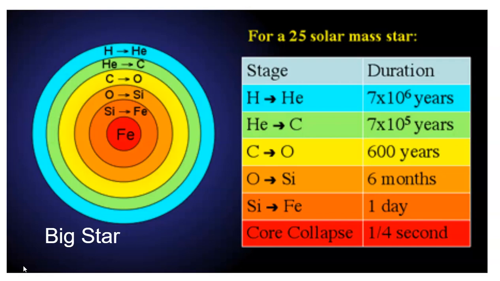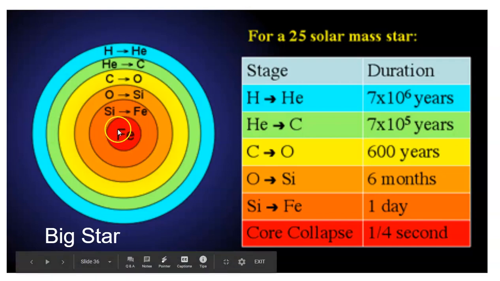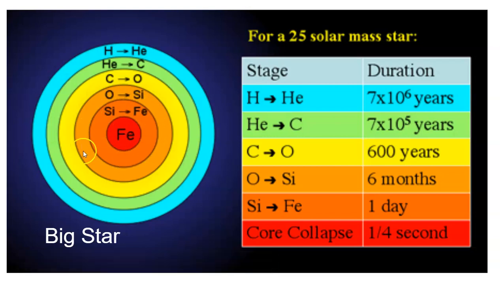So astronomers will look through spectroscopes at stars and wait for the iron to start being produced, because then they know that's a place to look to watch a supernova. So over here you can see the iron is in the center, and then each element after that is the next, so it's higher up on the periodic table.